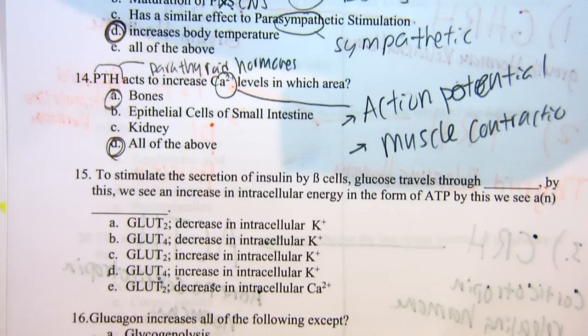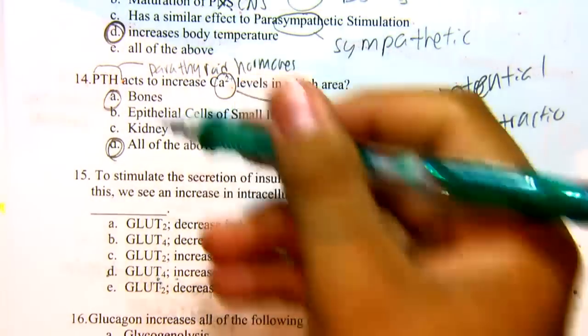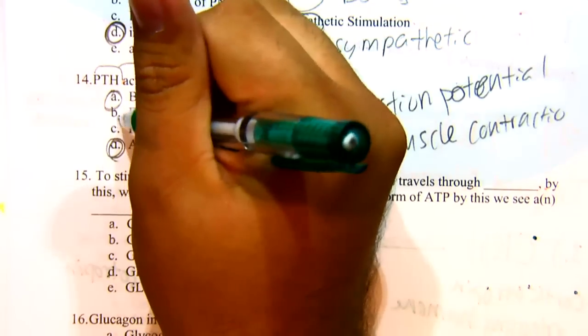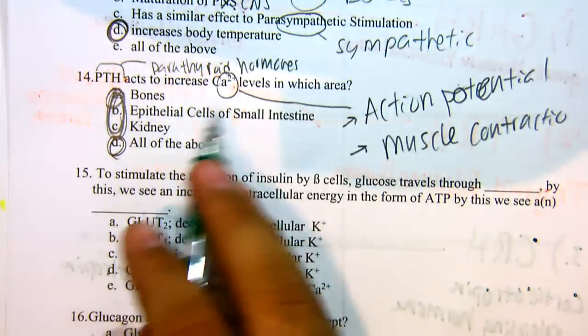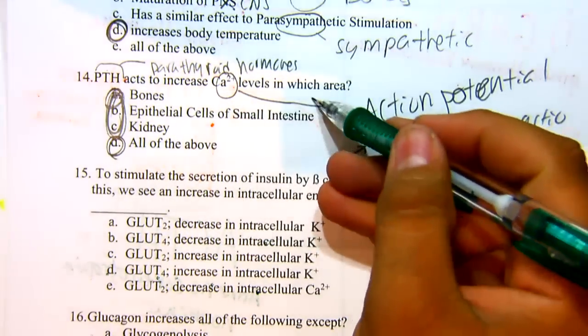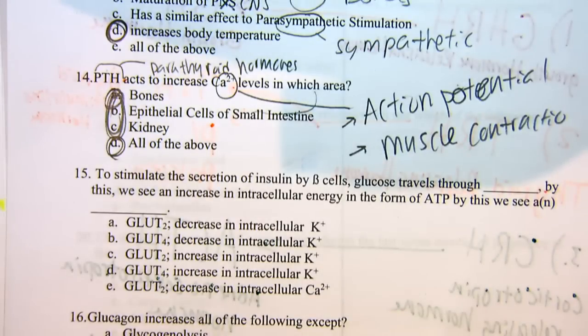We can get it from our diet, like milk, and parathyroid hormone will tell the intestines to pull calcium from the milk. And in our kidneys, we can pull calcium from our urine. So it increases calcium levels by targeting these three areas.